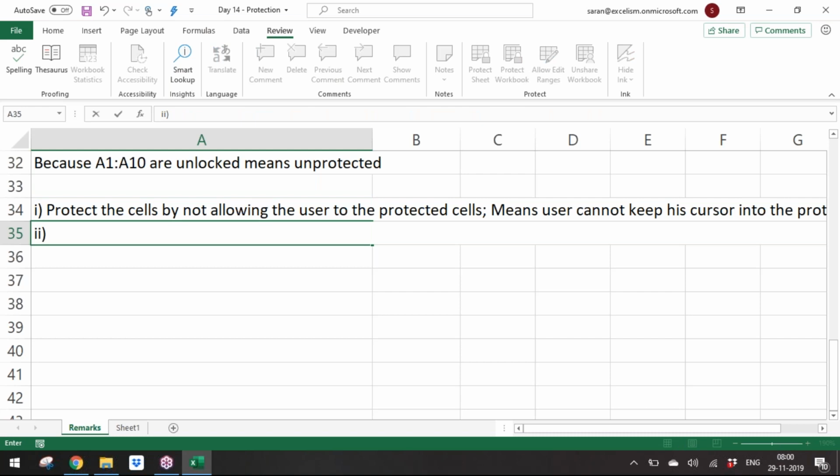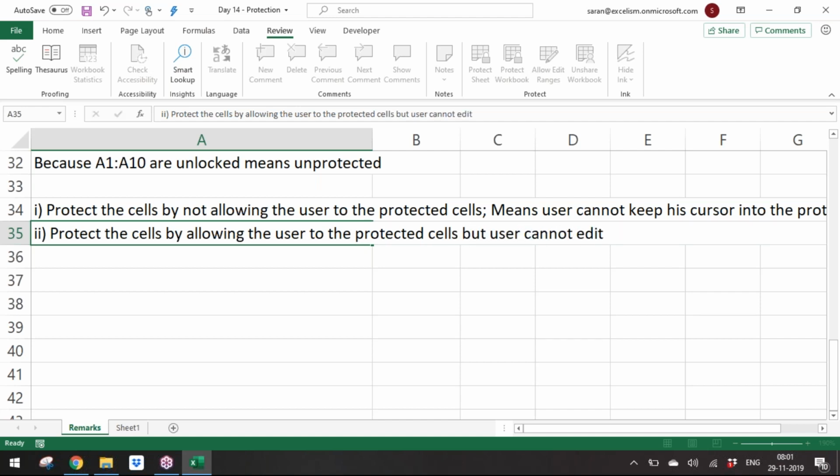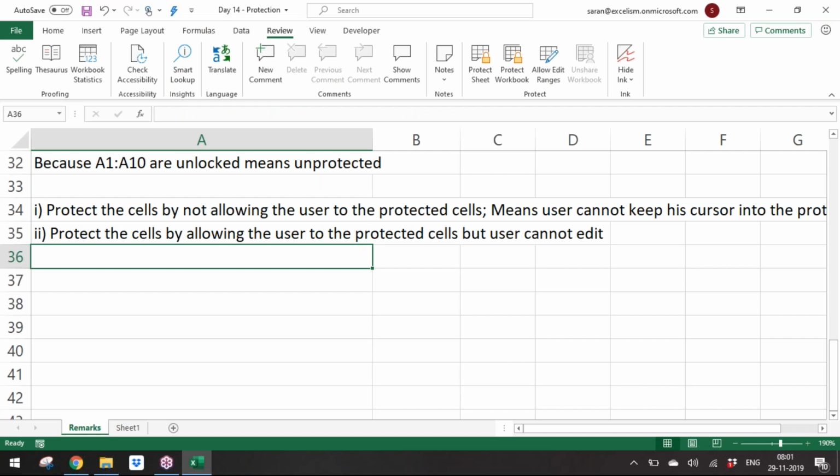What is the second one? This time, protect the cells by allowing the user to the protected cells. The user cannot edit. He can just go into that cell, but he cannot edit. But there is a problem in the second case. When I allow the user into the protected cell, can he even see the formula bar content?